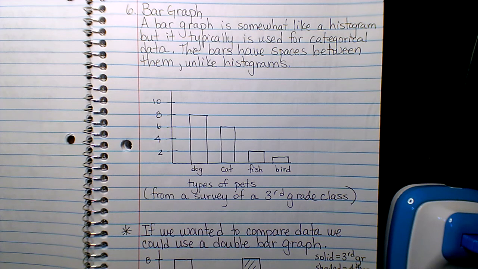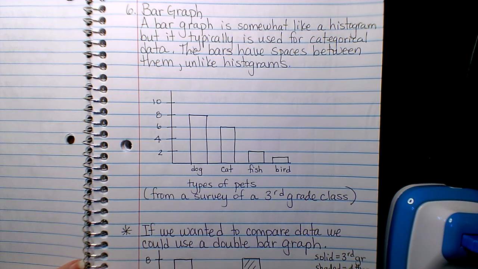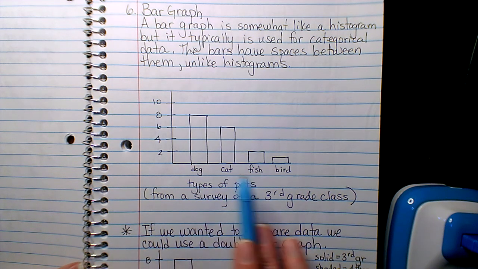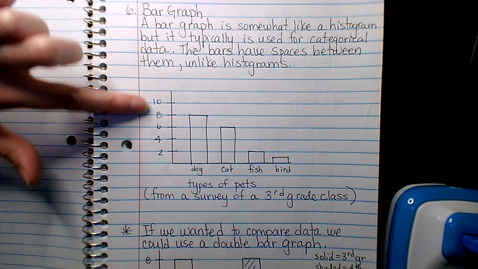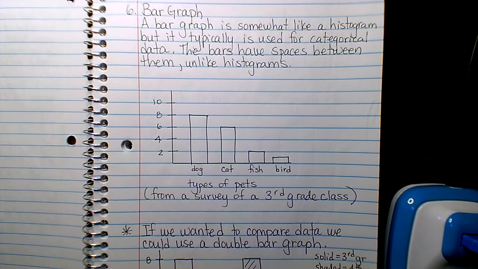Let's say you do a survey in your classroom and ask kids, if you have a pet, what type of pet do you have? And we get this bar graph. It's labeled as to the types of pets, and this axis is labeled as well. Remember we talked about the misuse of statistics and how sometimes not labeling this axis can be misleading.